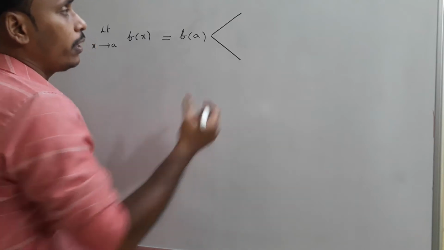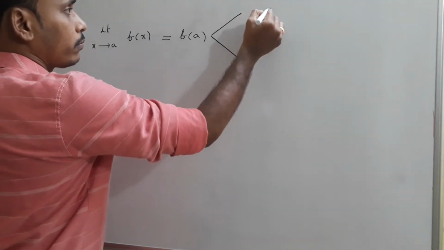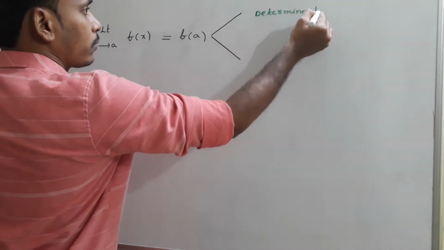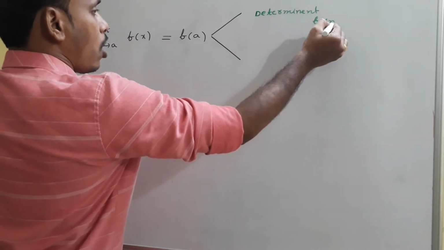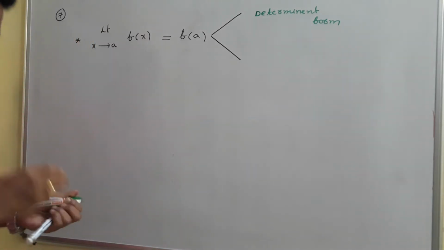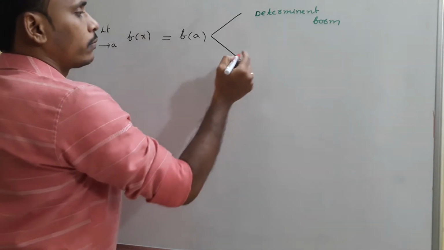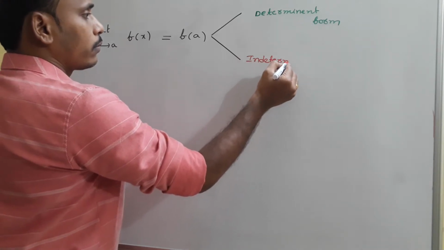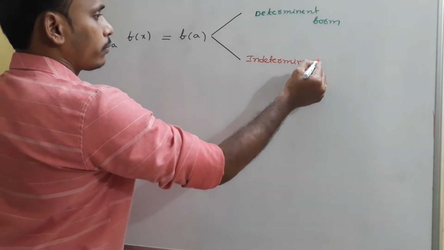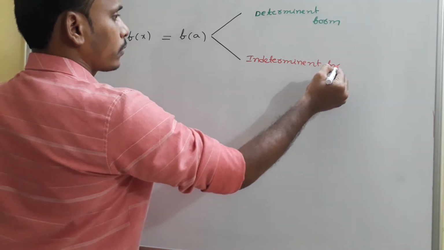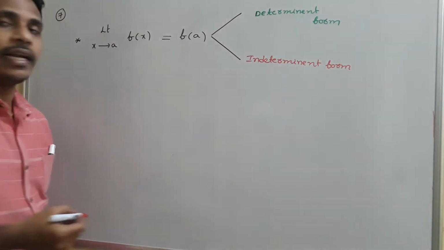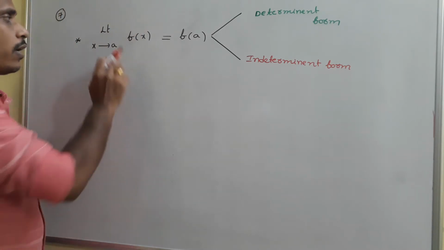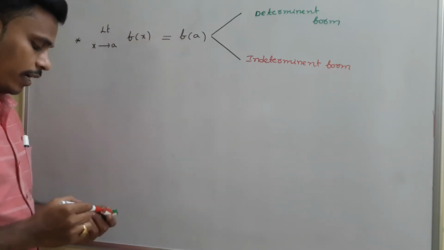That f of a may be a determinate form, or that f of a may be an indeterminate form. Just look there: determinate form and indeterminate form. Limit x tends to a of f of x, I need to calculate. Replace x with a, we get f of a.